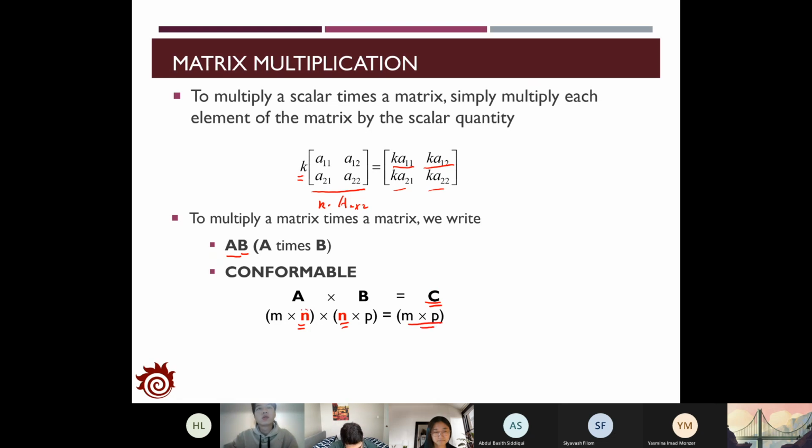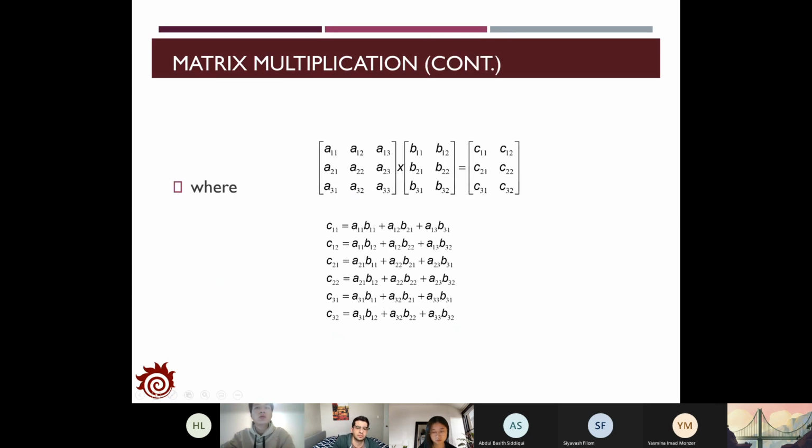So you actually cancel the value of n, and you get the dimension from the number of rows of A and the number of columns of B. So this is the condition for us to do the multiplication. And now let's see one example of how we're going to do the multiplication.